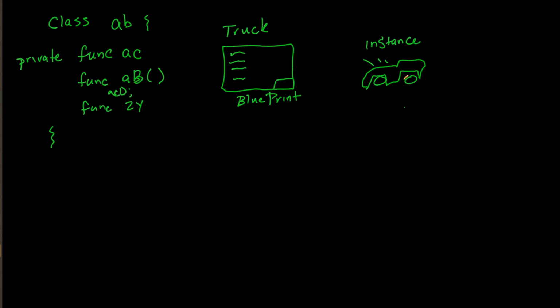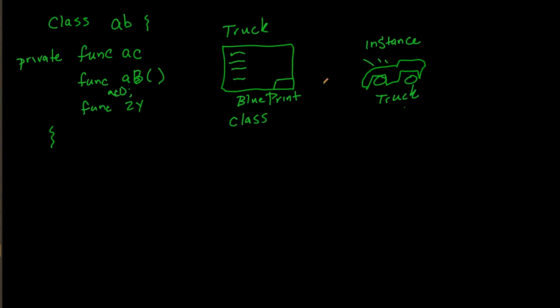So I now have a truck. When I'm working at the class level, this is the blueprint. This is where I'm actually writing my code. The truck is the actual instance, where I have created an instance of a truck or a printer or whatever it happens to be that I'm writing the program for.